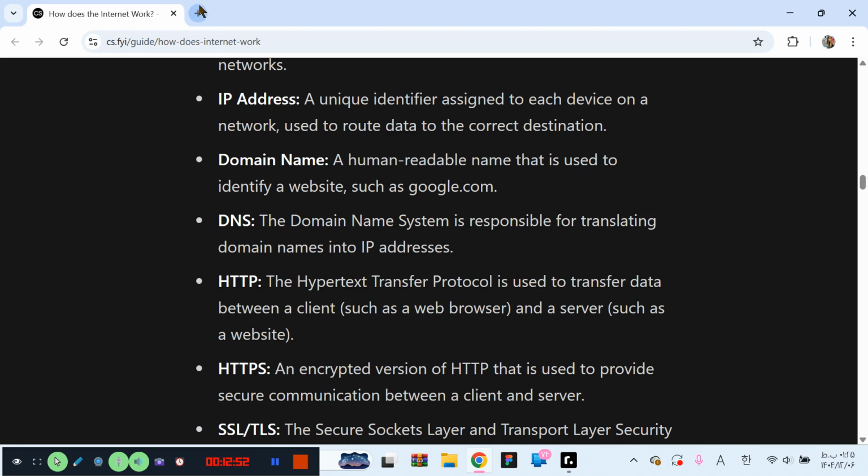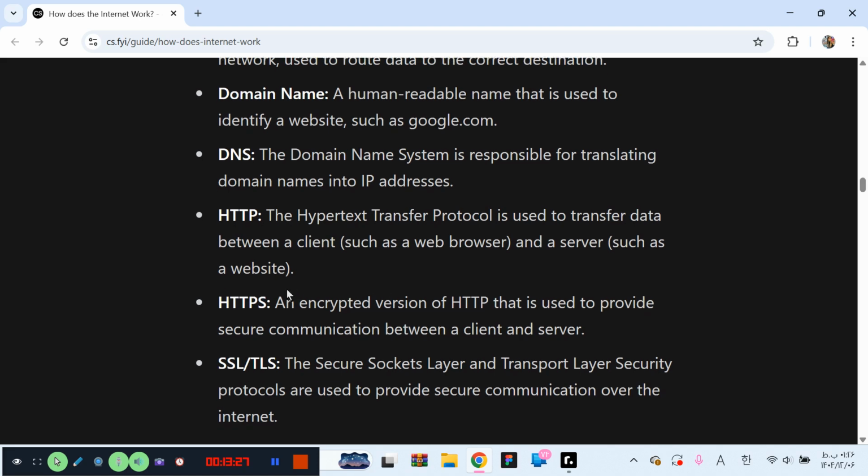HTTP. The hypertext transfer protocol is used to transfer data between a client, such as a web browser, see, as we are browsing the web, and a server such as a website. See, when you're shopping on Amazon, you're the client, and Amazon's servers are the server.